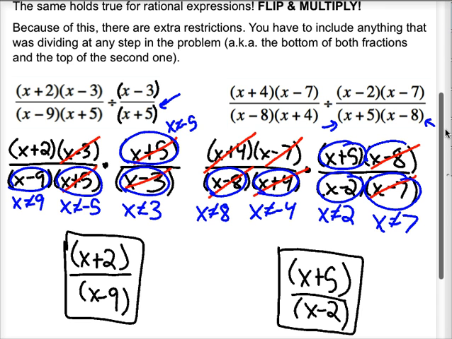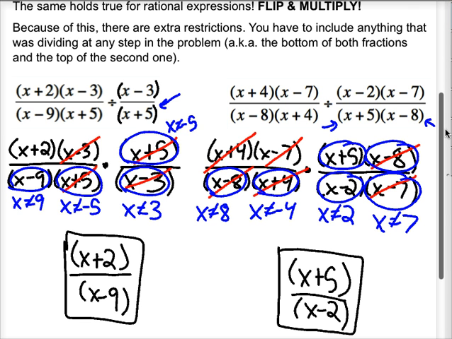And those ended up on top of the second fraction at the end. So you're going to end up checking every one of these pieces, okay? Don't forget you have to check both top and bottom of the second fraction, because in flipping it, it means you've now divided by all of it.